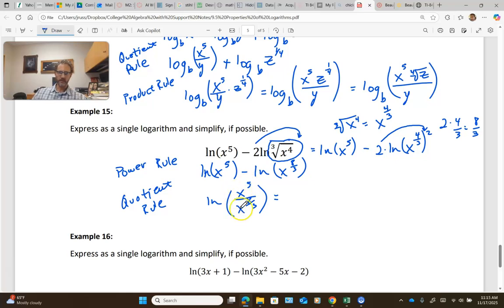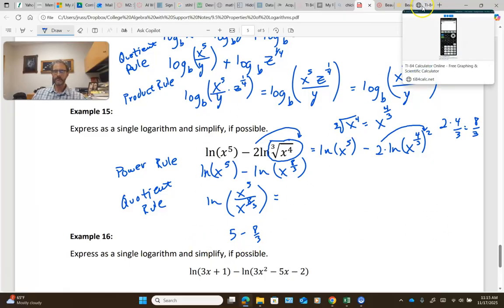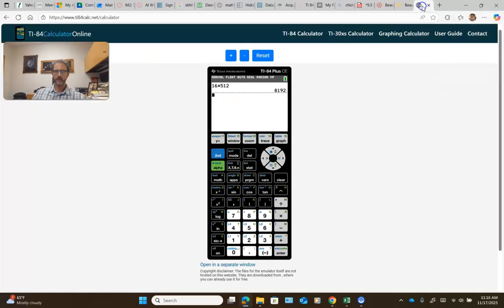These bases are the same. They're both x's. So you can subtract those exponents. 5 minus 8/3. You might want to do this in your calculator. 5 minus, if I hit alpha and then y equals, type in 8/3.